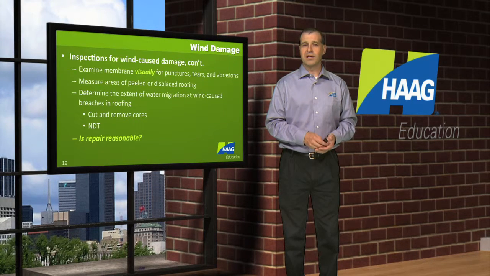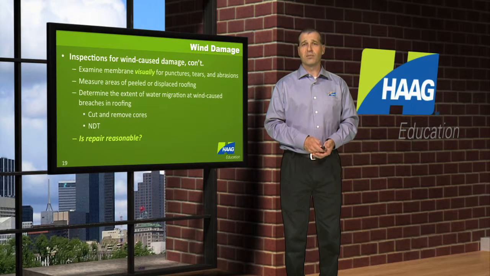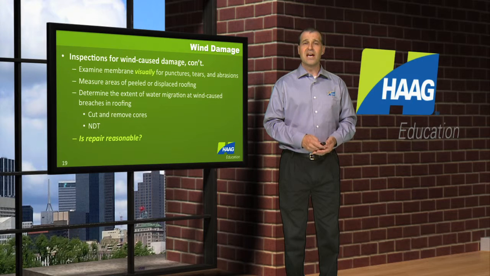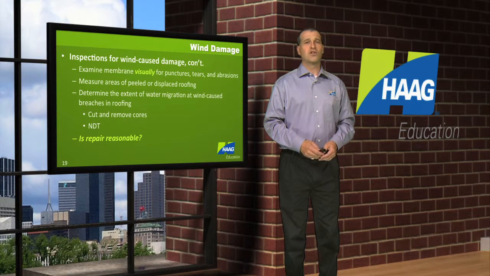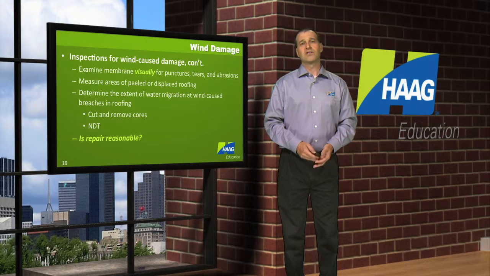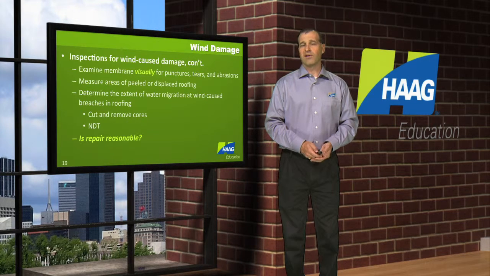Potentially, there might be the need to do test cuts or use non-destructive testing to help you determine the extent of moisture. And then ultimately, once you've determined the scope of damage, is a repair reasonable? Can you define it? Can you determine whether it is economical relative to roof replacement? In a large roof, too, there might be certain sections that have more damage than others, and potentially the level of repair varies by building section.